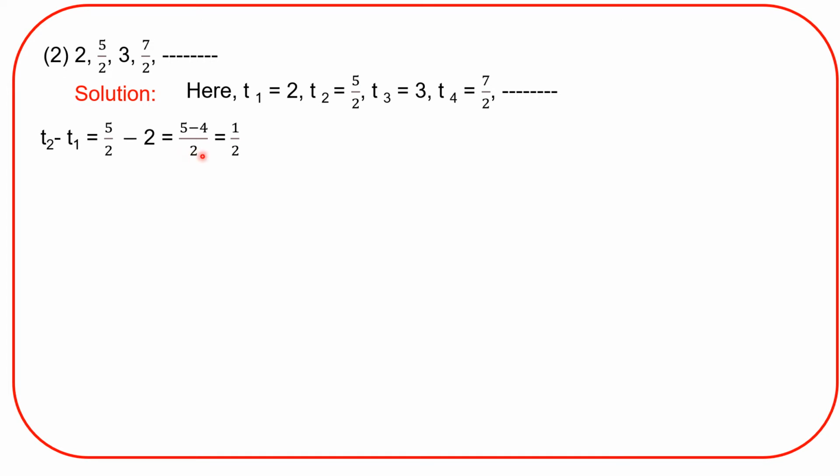Here the common denominator is 2. Here we multiply 2 by 1, therefore 5 is also multiplied by 1. Here the denominator is 1, so we multiply by 2, therefore the numerator also, 2 into 2, 4.